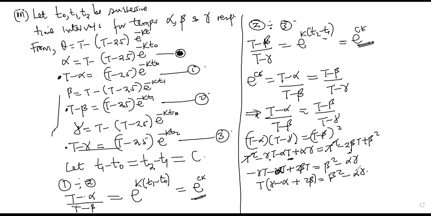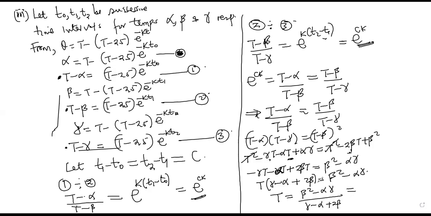So the question wants us to show that t is equal to, so here our t will be equal to (β squared minus αγ) over (γ minus α plus 2β).